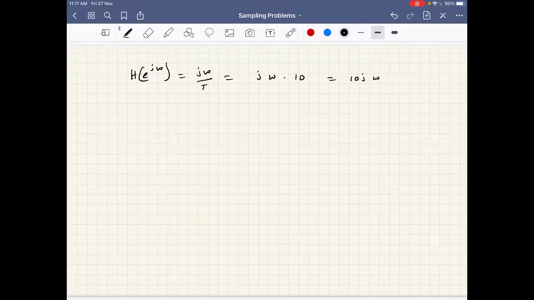This is my h of j omega. So the magnitude of h of j omega is 10 omega. And the angle is pi by 2, since it is tan inverse of 10 omega by 0, which equals pi by 2.